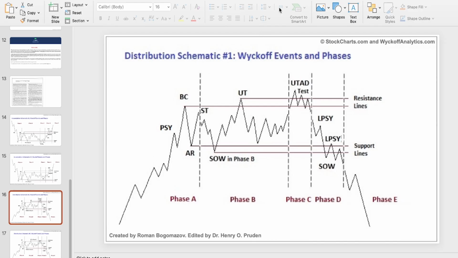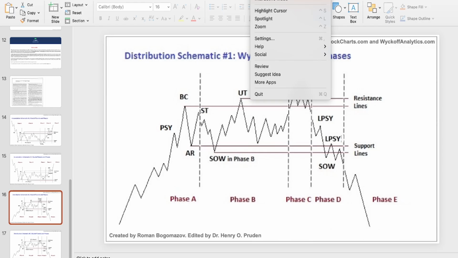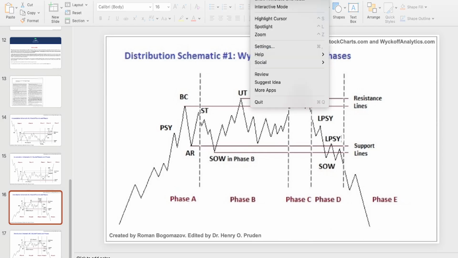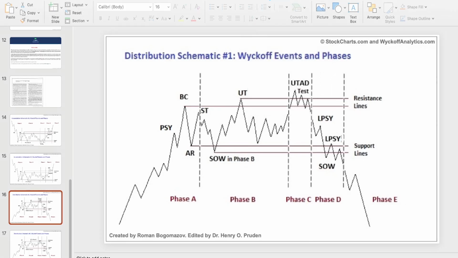Let me just bring this up again. As price advances to the upside, just like I explained last time, I'll just explain with this.